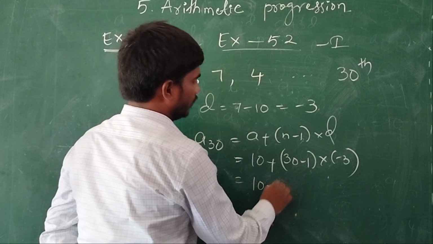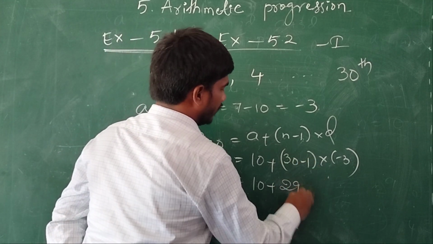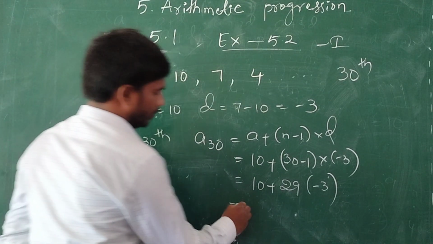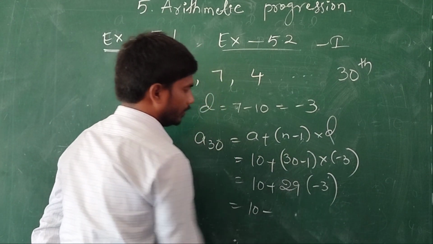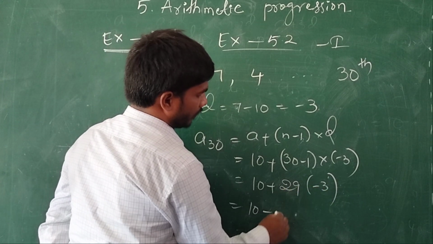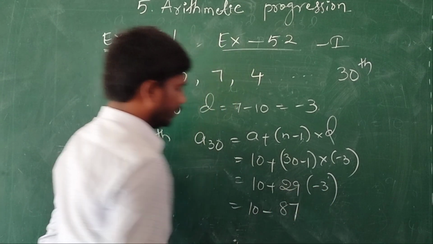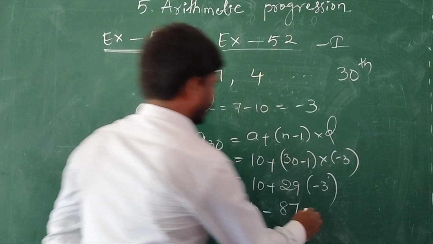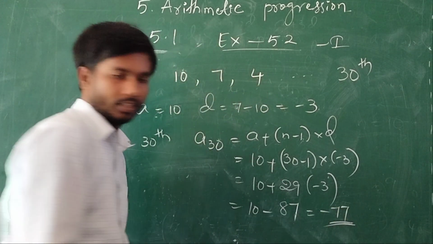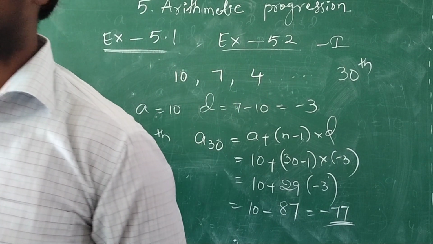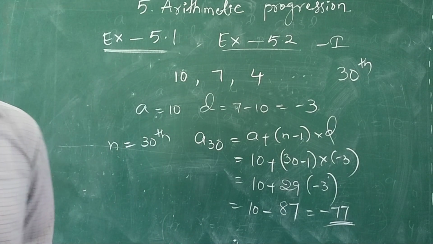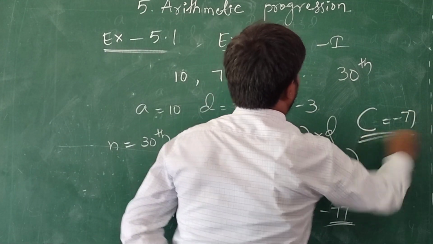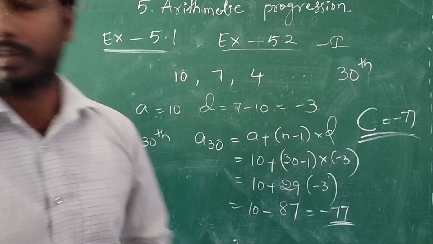So 10 plus 29 into minus 3, which is minus 87. 10 minus 87 is equals to minus 77. What is that option in the given three options? One is 97, 77, minus 77. So option C, minus 77, is the correct one.